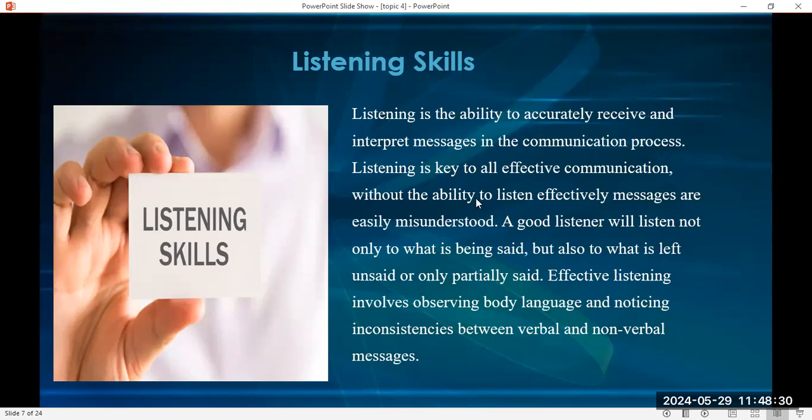Now, listening is key to all effective communication. If you cannot listen, you are going to find yourself in conflict with people.